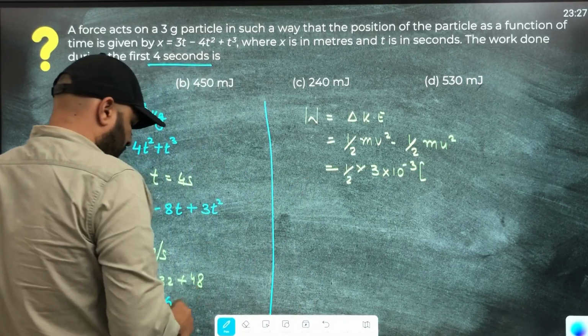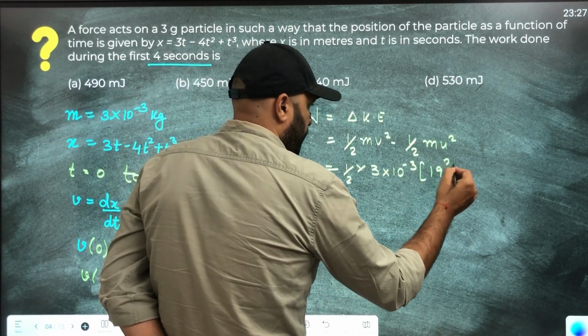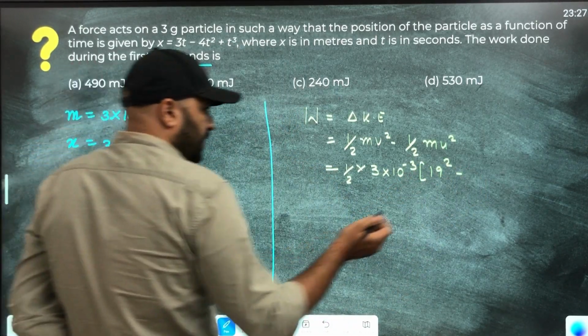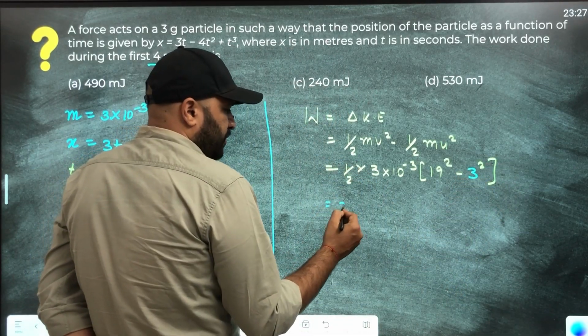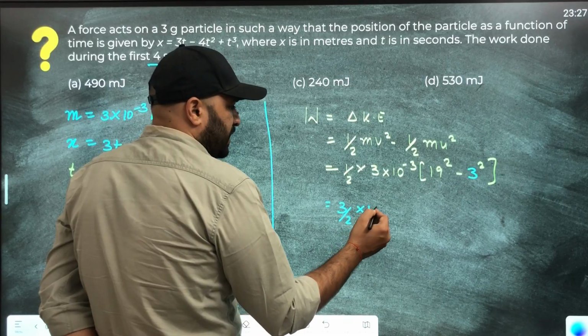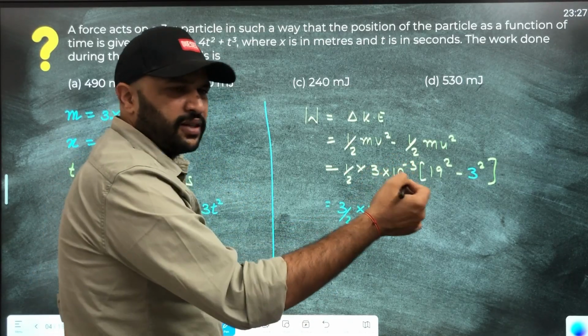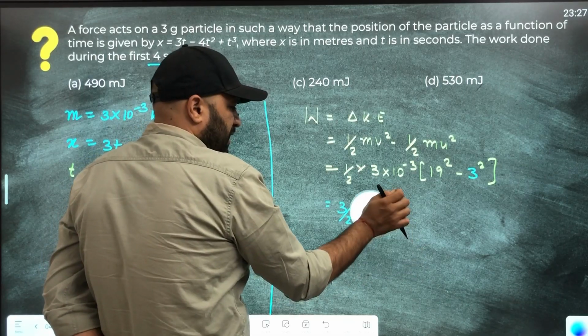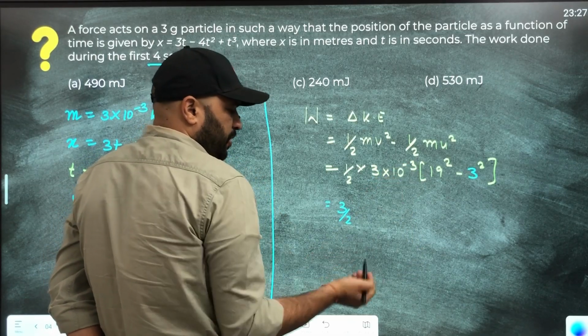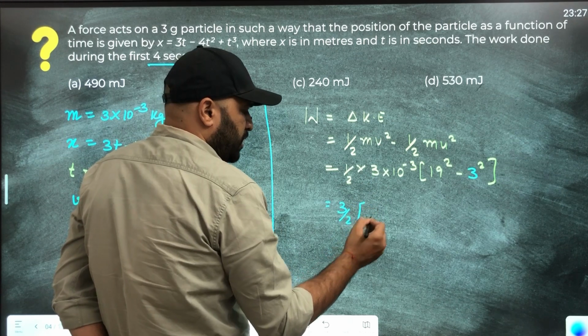What's the velocity square here? 19. So 19 square minus u square, which is 3 square. Okay, great. So this will be equal to 3 by 2 into 10 to the power minus 3. Let's remove this 10 to the power minus 3 because anyways the final answers are in millijoules. So this will be considered as millijoules, 10 to the power minus 3. So 3 by 2 into 19 square.